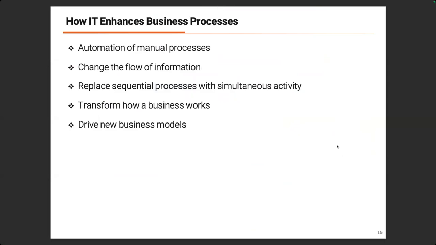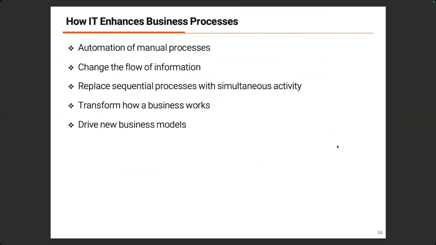So how do information technologies enhance business processes? Information technologies can automate manual processes. Many business processes formerly performed manually, such as checking a client's credit or generating an invoice and shipping order.